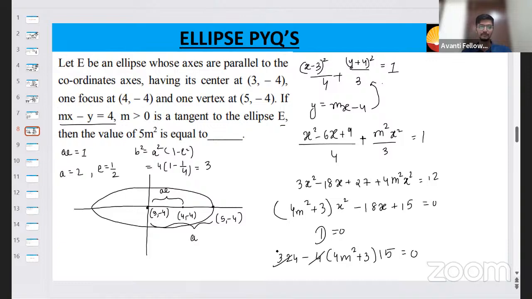We can cancel out 4: 4 8s are 32, 4 1s are 4. Cancel out: 3 5s are 15, 3 9s are 27. So here we got 27 − 25 or 20m² − 15 = 0.